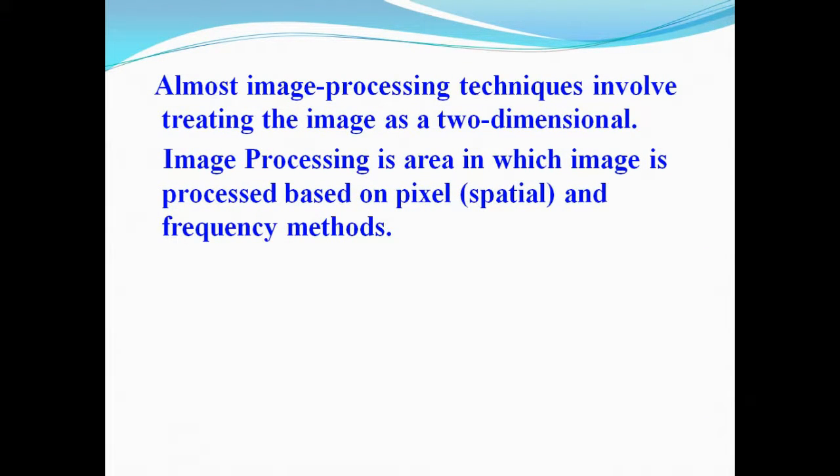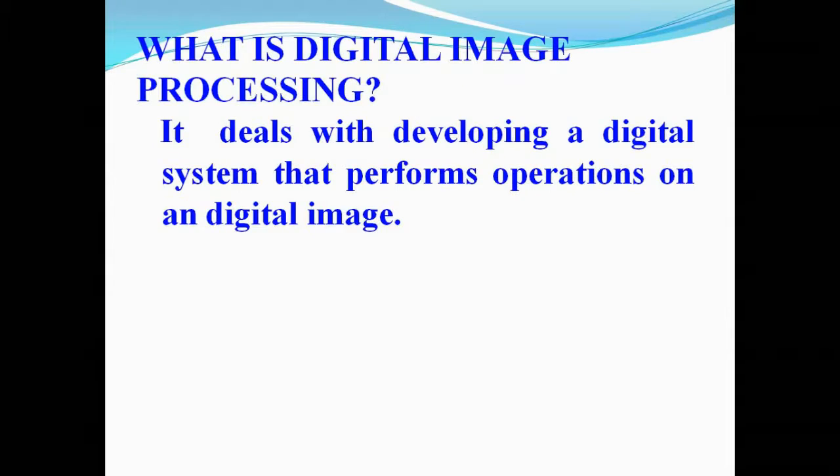Almost all image processing techniques involve treating the image as two-dimensional. Image processing is an area in which the image is processed based on pixels, which are spatial, and some frequency methods. We should also know what digital image processing is.